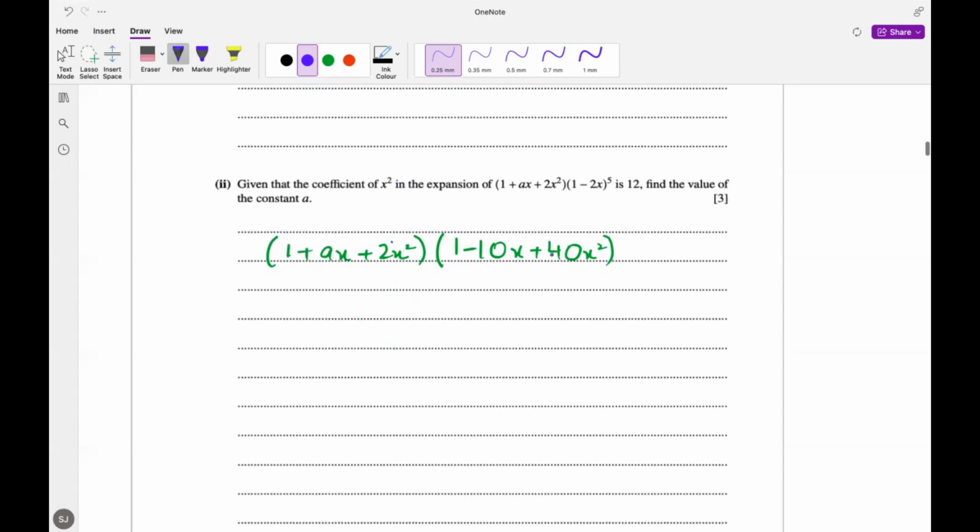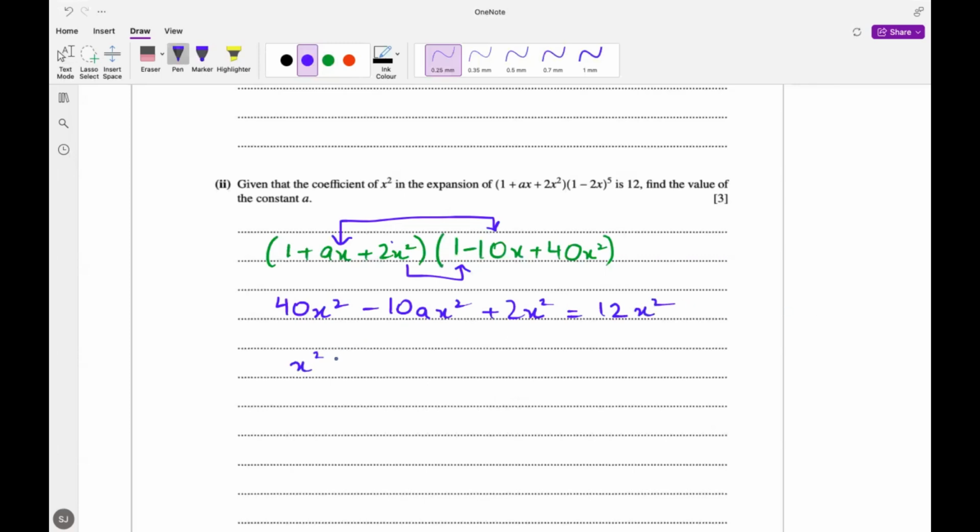So we have 1 times 40x squared, which will be 40x squared, ax times −10x gives −10a x squared, and 2x squared times 1 will be 2x squared, and this is equal to 12.